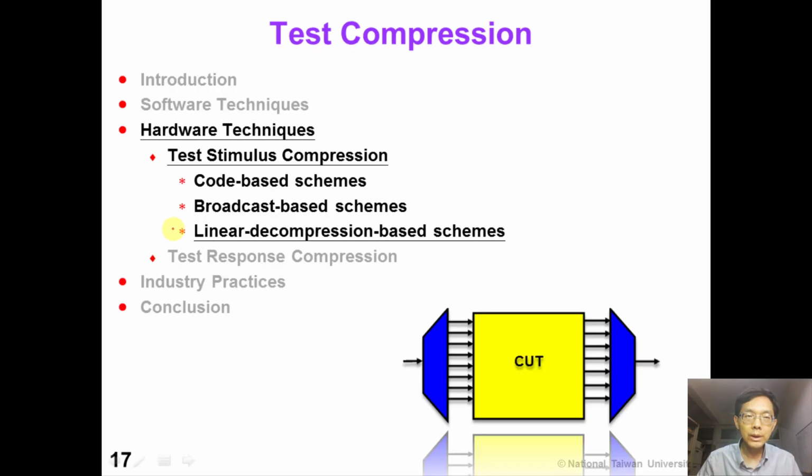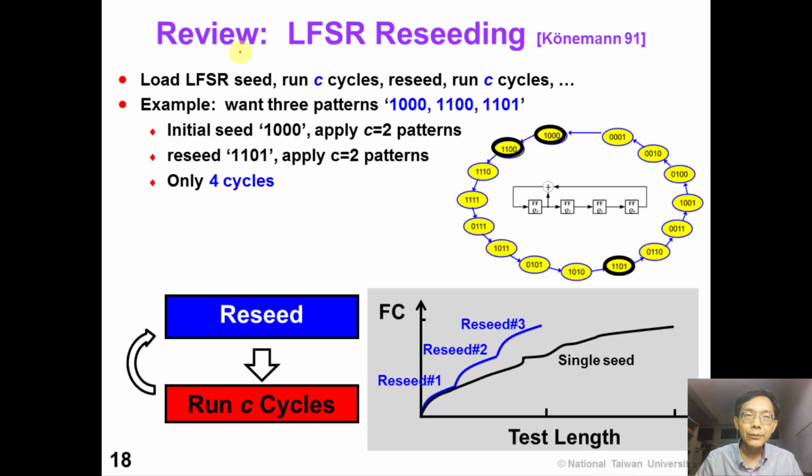Now we move on to the last technique, linear decompression based scheme. If you remember, in the BIST chapter, we introduced a technique called LFSR reseeding. In this technique, we load an LFSR seed, run C cycles, and then change the LFSR seed and run another C cycles, and so on.